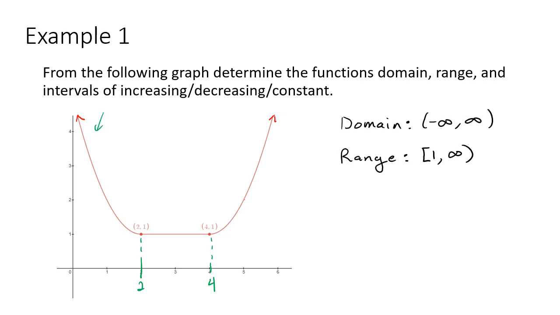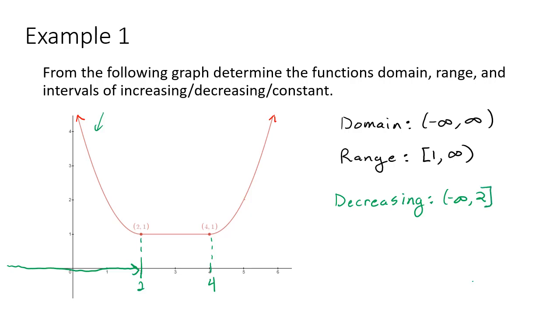So again, remember, you always read the graph from left to right. So as we go from left to right, this function is falling. The y values are getting smaller. So we would say that this function is decreasing. And again, it's in terms of x, from negative infinity up to the x value of 2.